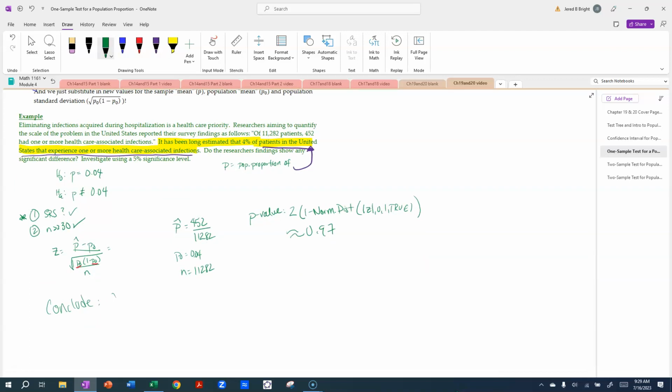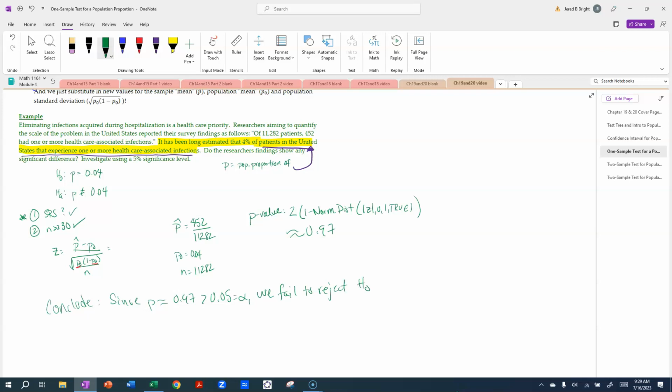Okay, so I'm going to say since p is approximately 0.97, which is greater than 0.05, which is alpha, we fail to reject the null.